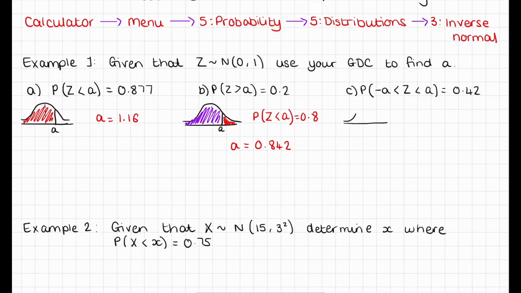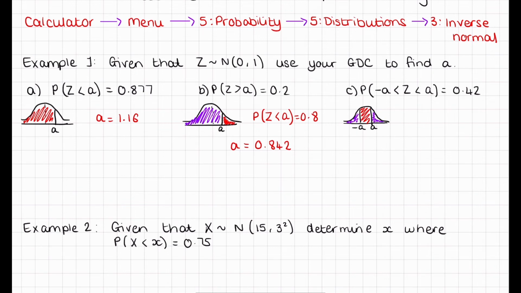C, the probability, it is between negative A and A, and that is 0.42. So on our nice beautiful probability distribution, we are looking between two values, so we're looking for this shaded area here. This would be negative A, and that part there would be A. Now remember, as we've got negative A and A, it means it is symmetrical, so these bits either side will also be equal, the bits that are shaded in purple.